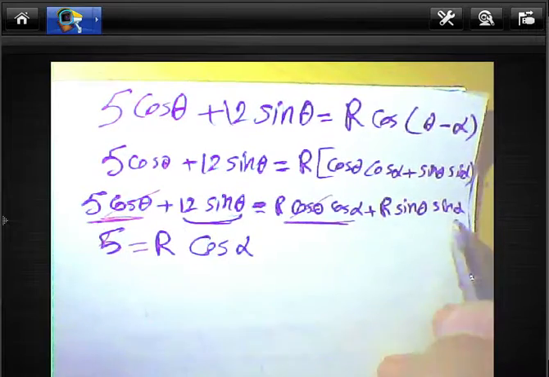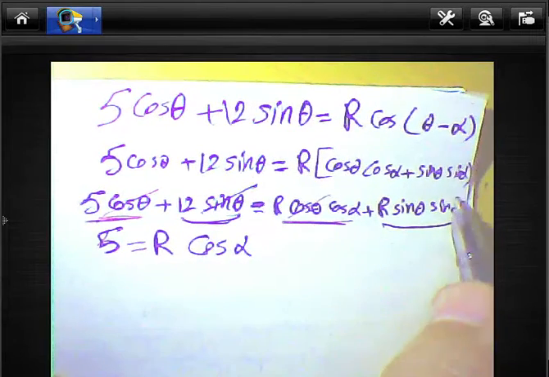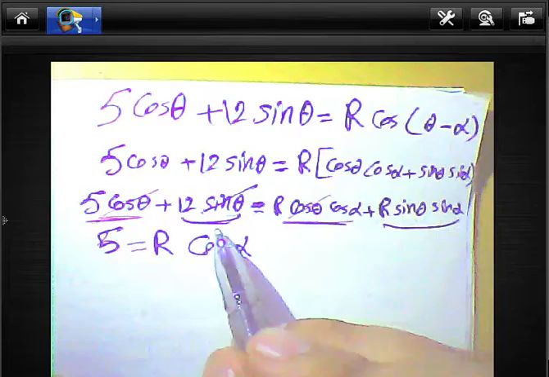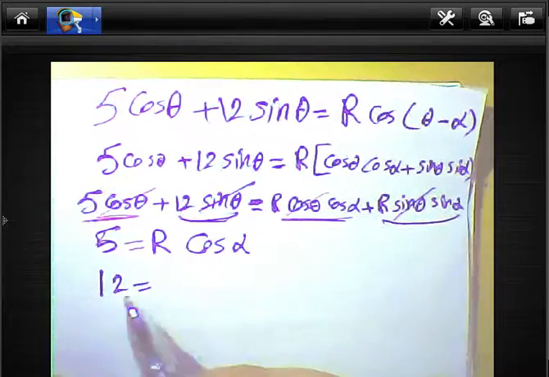And in this relation, we can compare sine theta, cancel it with sine theta, so 12 will equal r sine alpha.